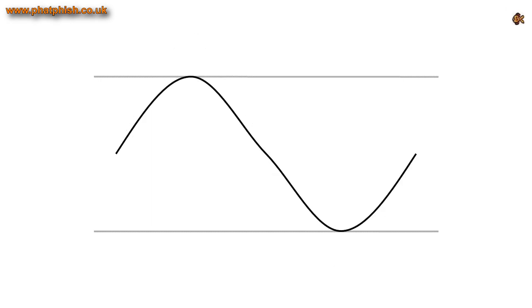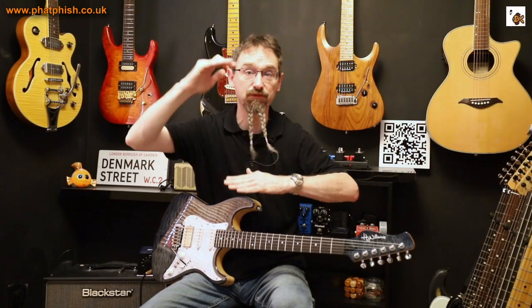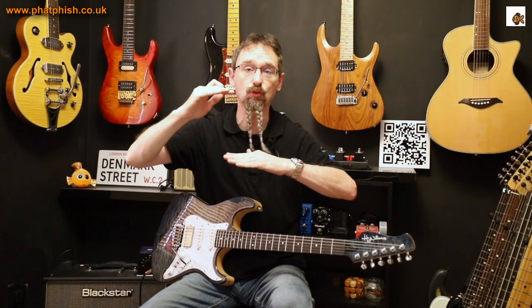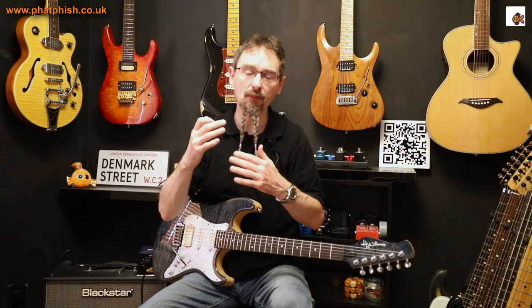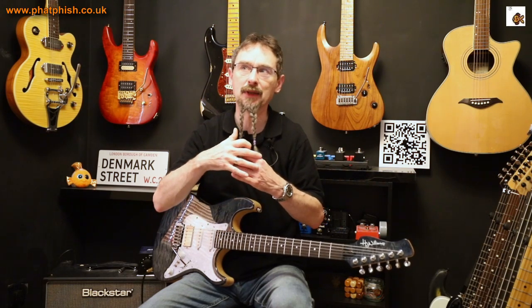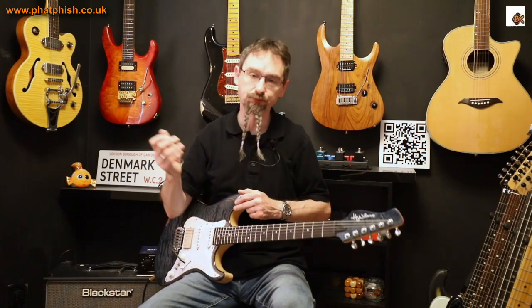It brings it down and compresses it, so you've got a narrower range of volumes. It's good for evening out your playing, fills the sound out a little bit, but it doesn't affect the sound in any way. All it's doing is changing the volume.